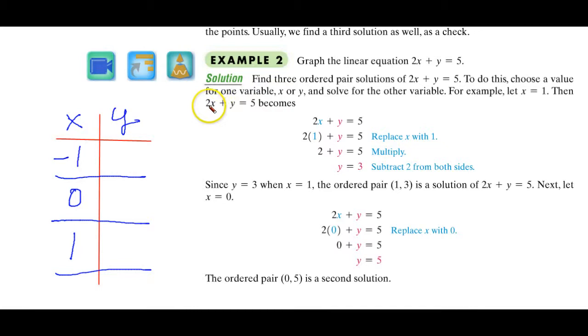Okay, so we have here, if x is a -1, this becomes a negative 2 plus y equals 5. Transpose that, we get y equals 7.